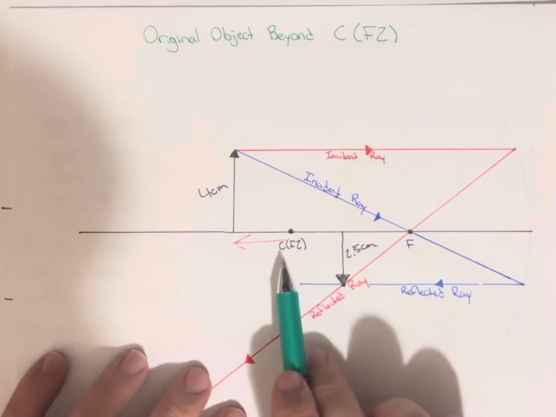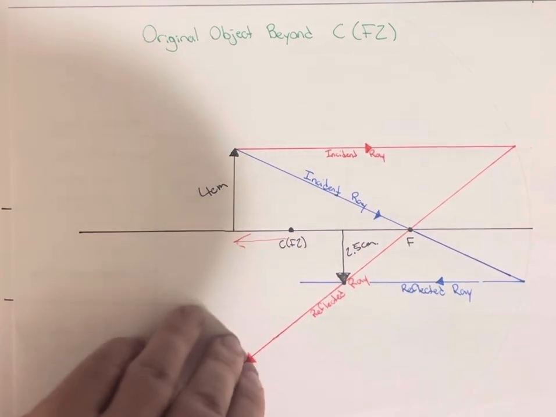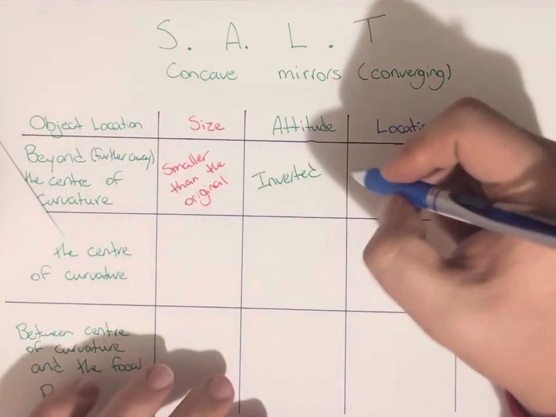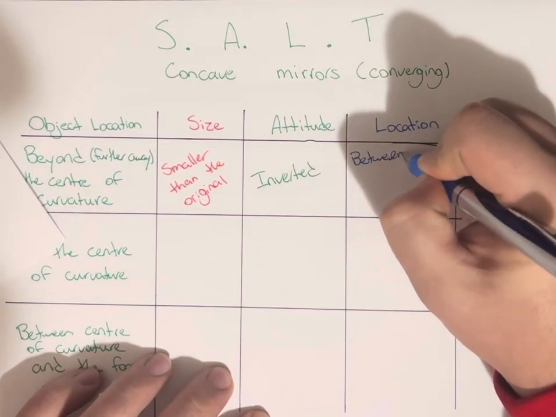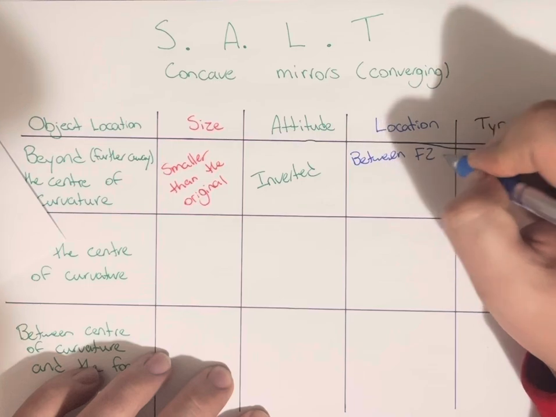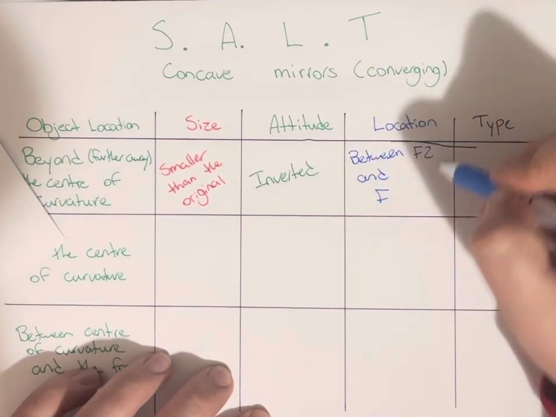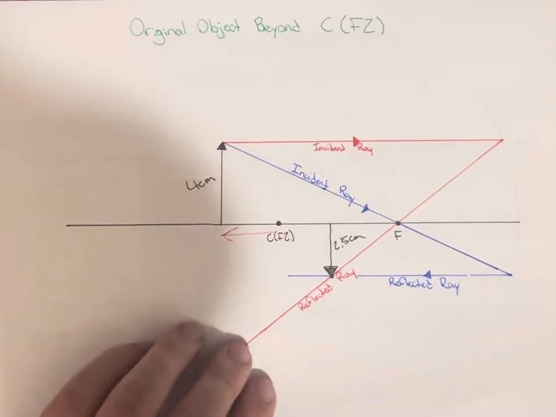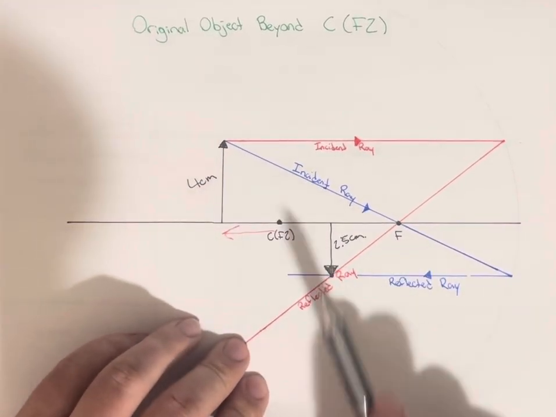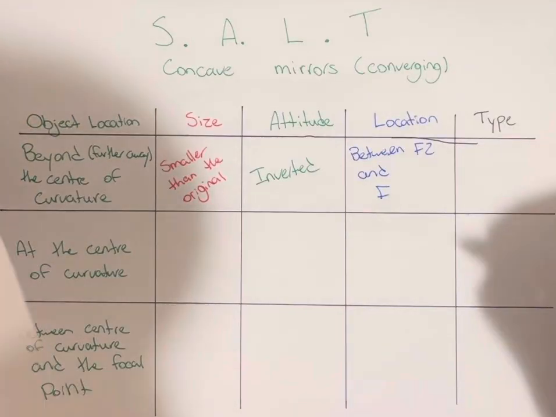The location is going to be between the center of curvature and the focal point, so I can write that down for location: between F2 and F, which is the center of curvature and the focal point. And then finally, we have type of image. Because it is on the same side of the mirror as the object was, this is going to be a real image.